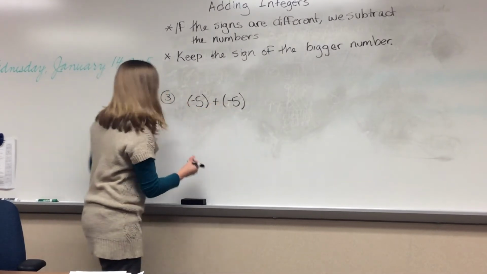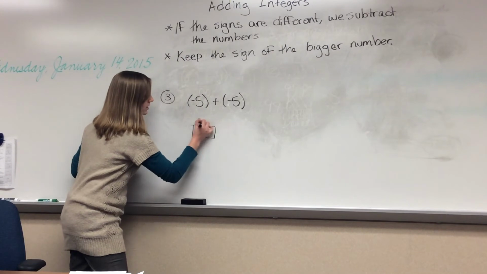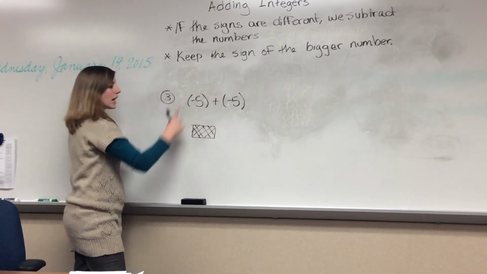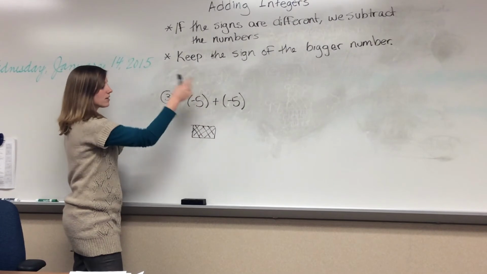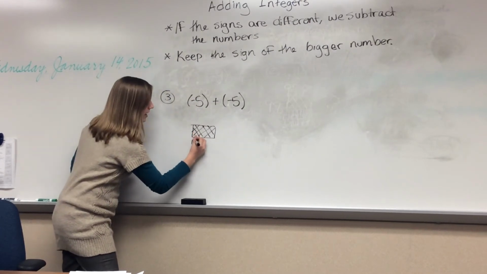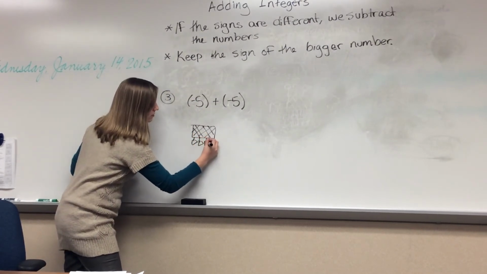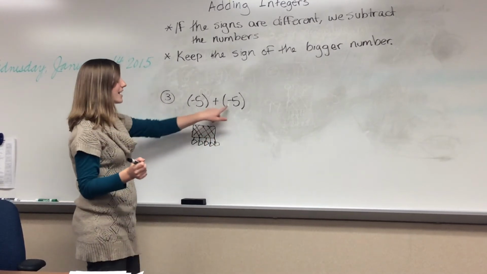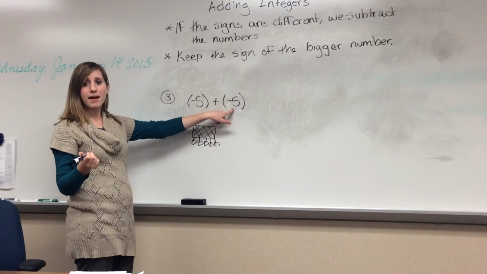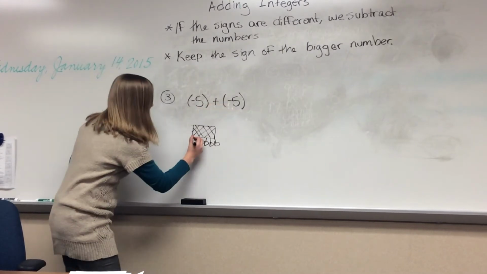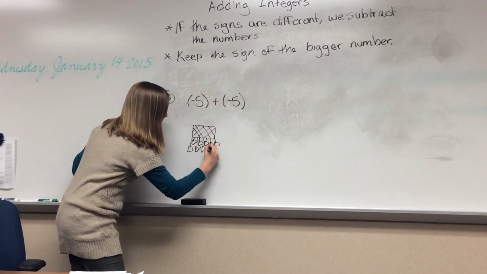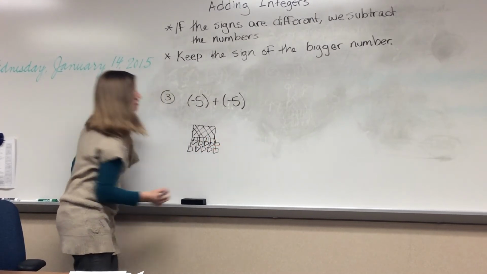So again, let's visualize what's happening. Here's my basket. We start at a weight of 0. Negative 5. All right, that means 5 weights. So I'm going to add 5 weights to my basket. 3, 4, and 5. I'm supposed to add another 5 weights to my basket for this negative 5. So 1, 2, 3, 4, 5.